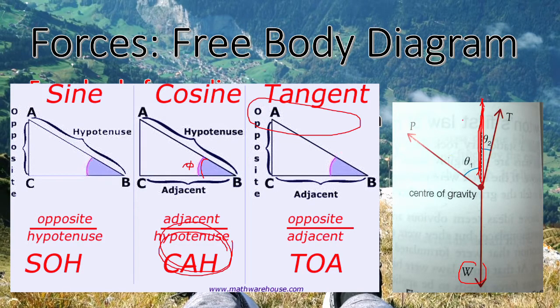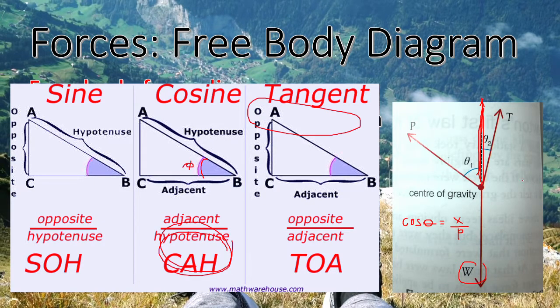To get that, for P, we will have cosine theta. If it's cosine theta, we'll have adjacent, which is the one that we're going to find, x, over the hypotenuse. Our hypotenuse here is P.